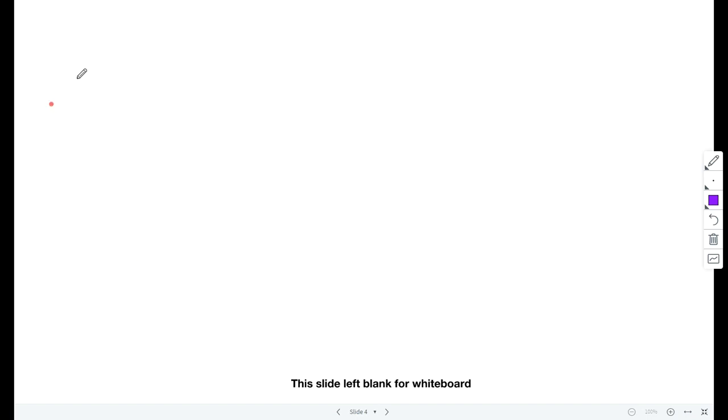So I'll just write the values again. We had isotope 84, which had abundance of 0.56%, 86, which had 9.86%, then 87, which had 7%, and 88, which had 82.58%. So these are my isotope numbers and these are my abundances. How am I going to calculate it?